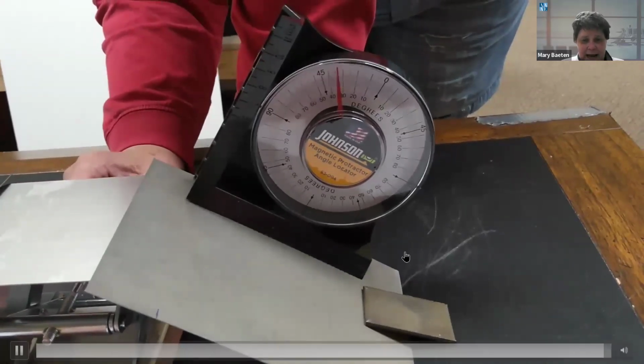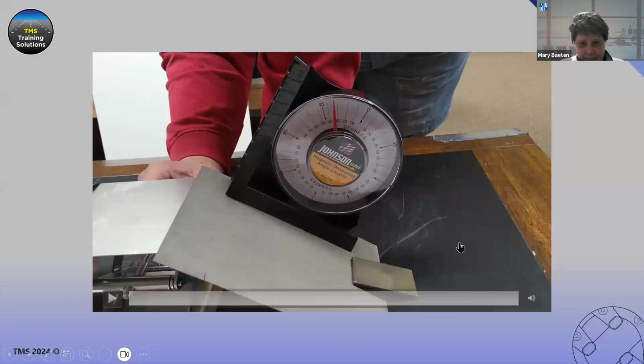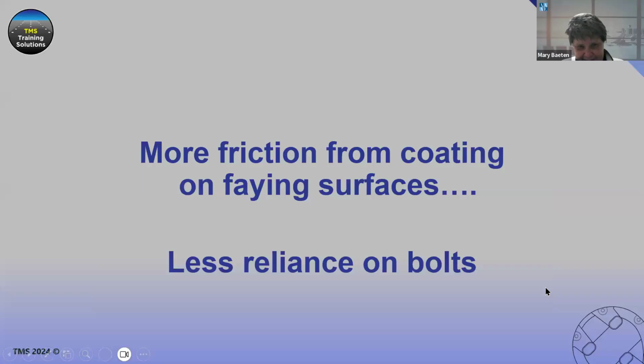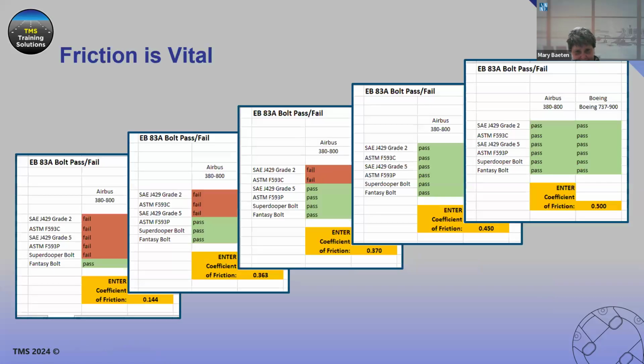The more friction we get from the coating on the vane surfaces, the less we have to rely on the bolts. Next.